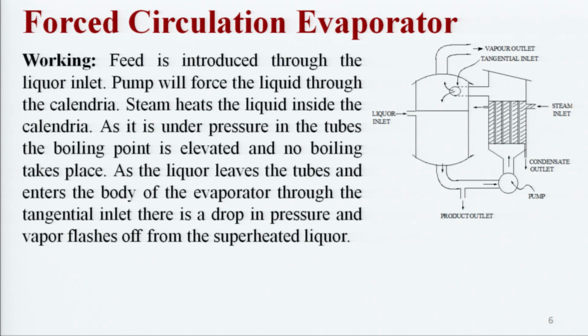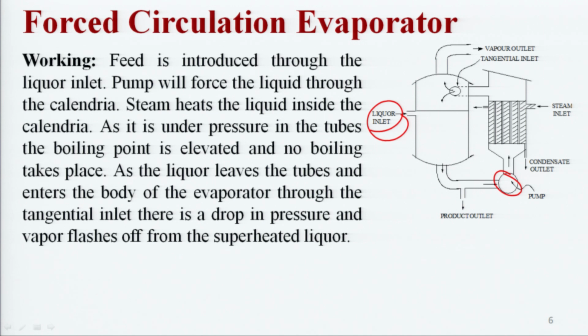Working. In this case feed is introduced through the liquor inlet. Through this point the feed is introduced into this chamber. Now, as soon as feed is introduced into it, this pump forces the liquid through the calandria.